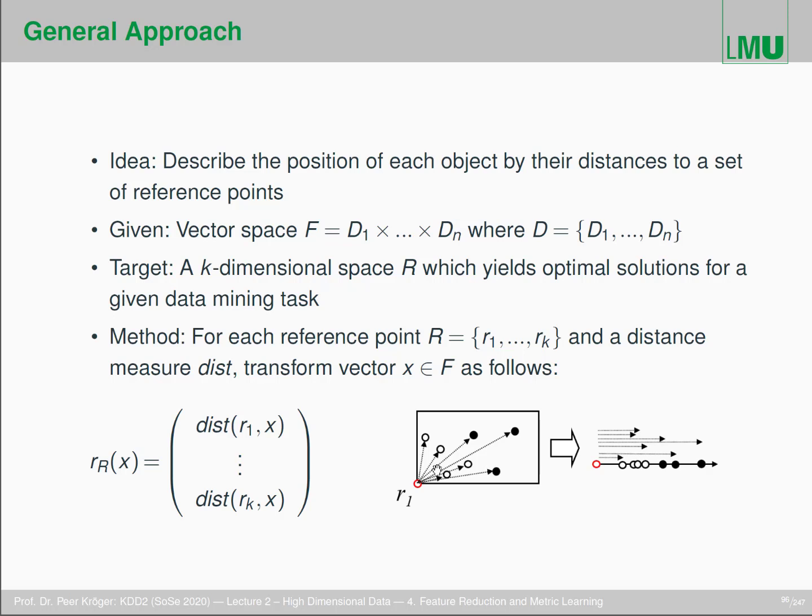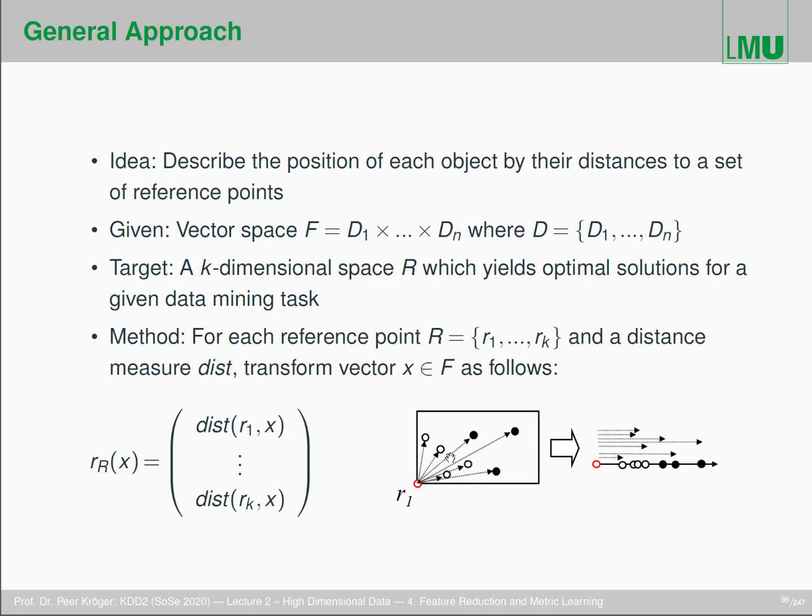If you embed those points with this reference point embedding, you end up in a one-dimensional data set, because you just record for each of the points the distance to this reference point. So this point gets as the new value this distance, and this and this and this.